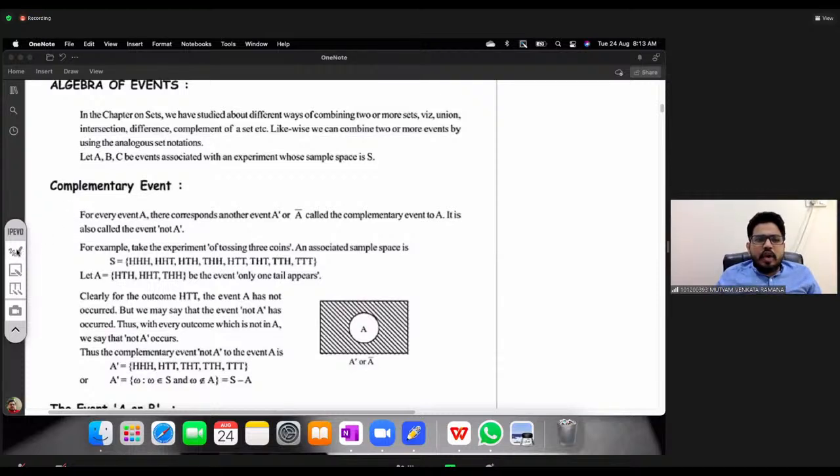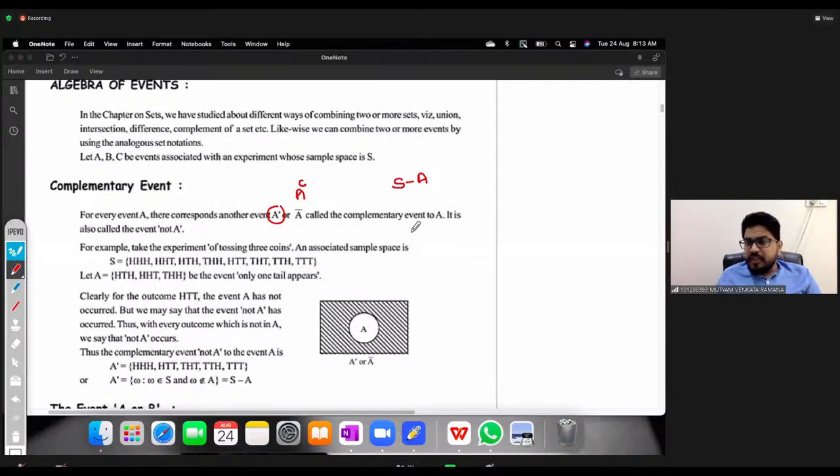What is the complementary event? Complementary set. This is the sample space. This is the event. Complementary event is A bar or A dash or A C, that is sample space minus A. In set theory, you write complementary set.